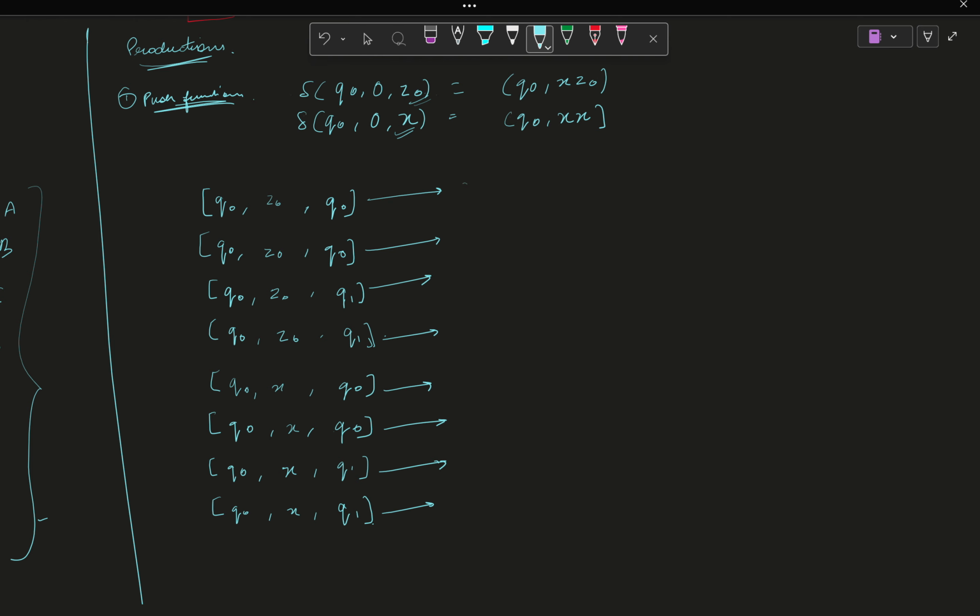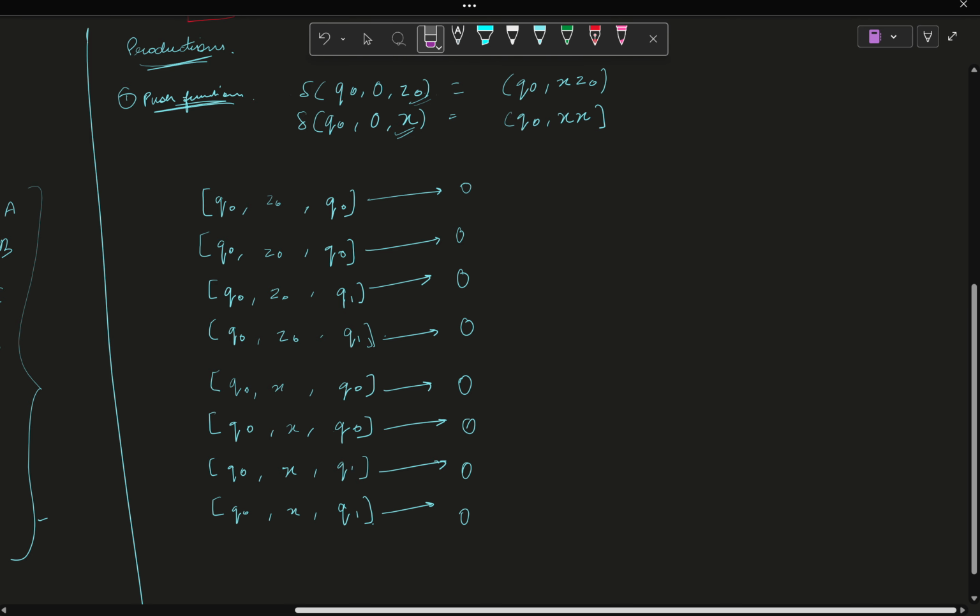This goes 0 0 0 0 0 0 0 0. Why? Because both these input symbols are 0. So we are only defining a push when there is a 0 input symbol, and we are basically trying to make two more tuples out of it. So let's define those two tuples. Let's do the manual work first.